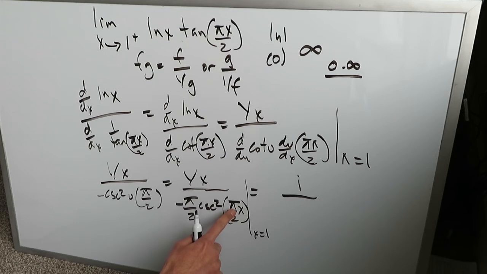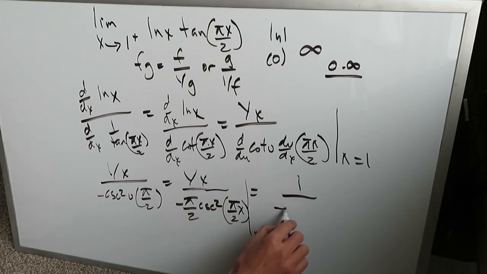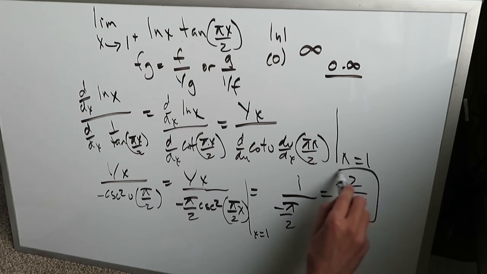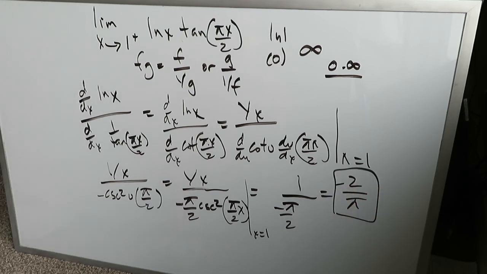Sine of pi over 2 is a 1. Cosecant of pi over 2 is a 1. Square of that 1 is just a 1, and we get a minus pi over 2 here in the denominator. You can run that through yourself on a sheet of paper for your own knowledge sake, and you'll get as an initial and final answer minus 2 over pi, because this thing flips around, and that's what your final answer is, and it should be right.